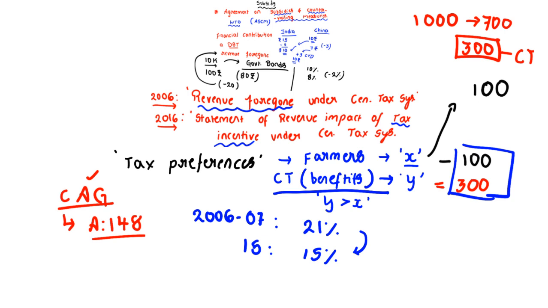So if there is reduction in the revenue foregone, if your losing amount is reducing, then what it shows? It shows you are gaining more, right? Yes, that is what the government at the time 2014 is doing. But the same has increased to 22% by the time of 2020, because you are losing most of the amounts in the form of corporate tax benefits. Clear? So this is the argument.